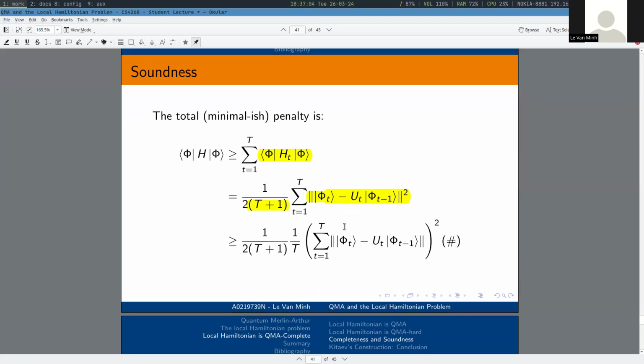And then we apply the Cauchy-Schwarz inequality to get the third line. It is a very simple application, and you can either do it yourself, or you can use the proof that is attached to the appendix at the end of the slide.